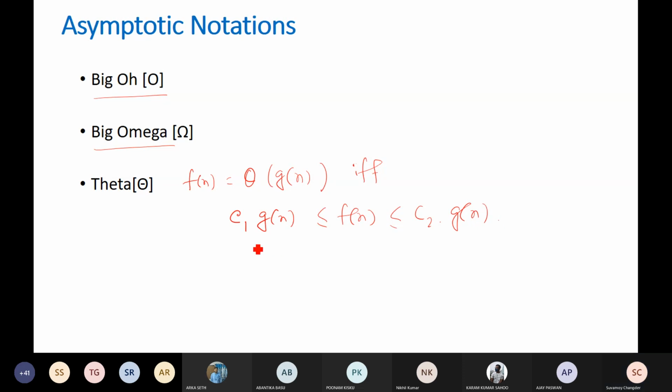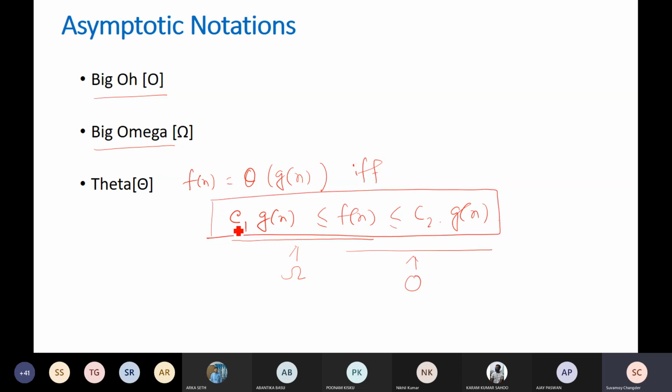Okay, so this is defining omega, and this one is defining big O. So together, if we define both the notations, then we can say that this is true.